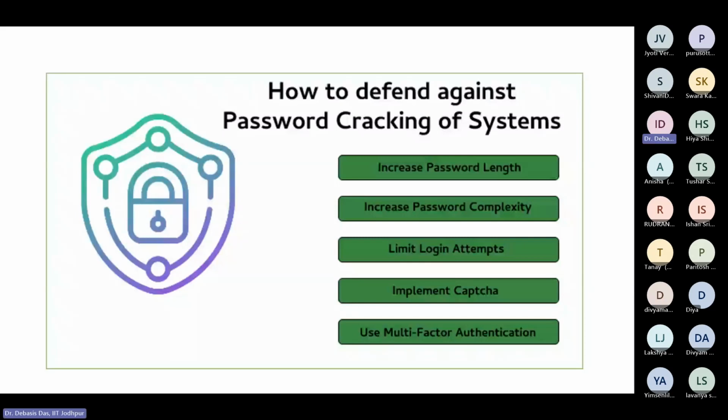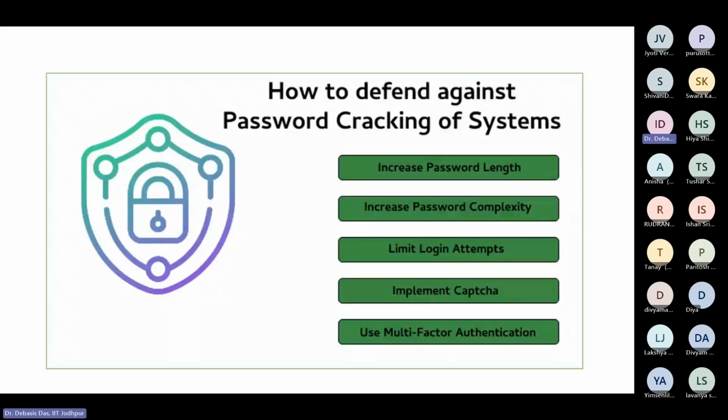Now the second thing is increasing password complexity. How do we increase the password complexity? By using special characters and numbers. Yes, or sometimes we use a combination of multiple things.